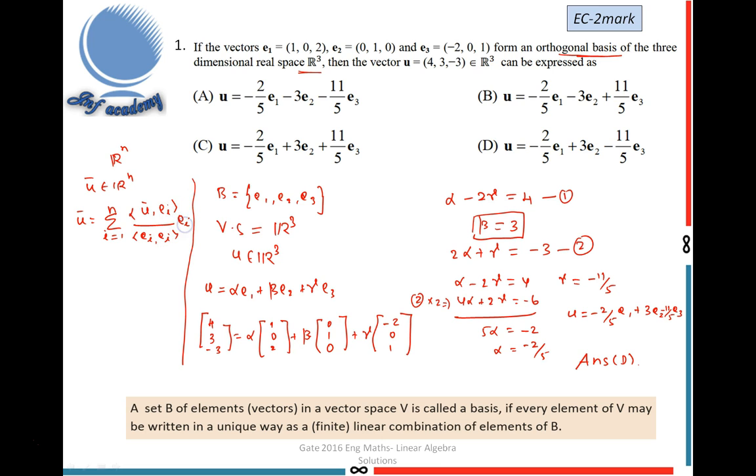This is the formula because B is an orthogonal basis.